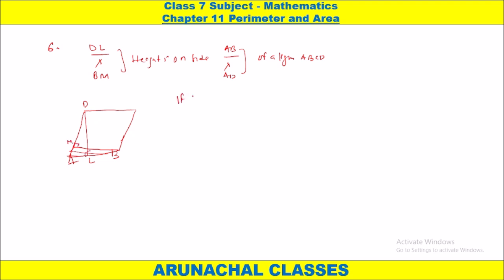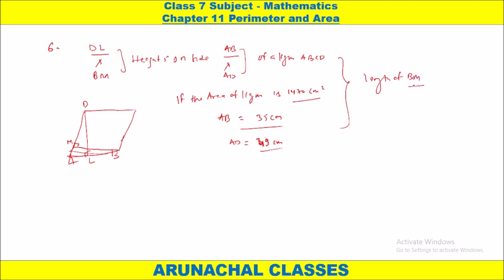If the area of parallelogram is 1470 centimeter square, AB is given as 35 centimeter and AD is given as 49 centimeter, we have to find the length of BM and the length of DL.